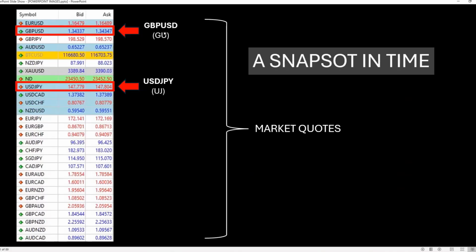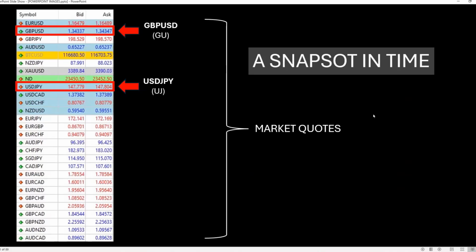Let's just focus on these two. In short form, I'll call this pound US dollar GU, and US dollar yen, or dollar yen, I'll call it UJ. I'll use the short form, so it's easy. We don't have to spell the whole thing out each and every time that we refer to it. Okay, let's press on.